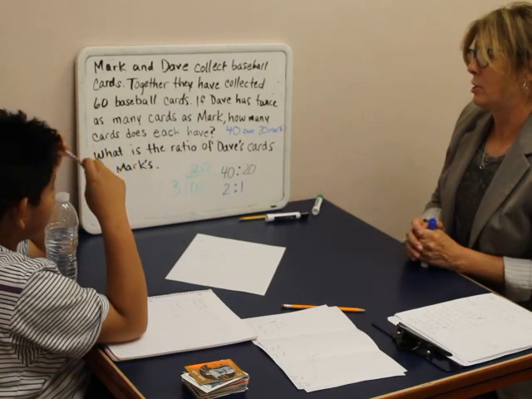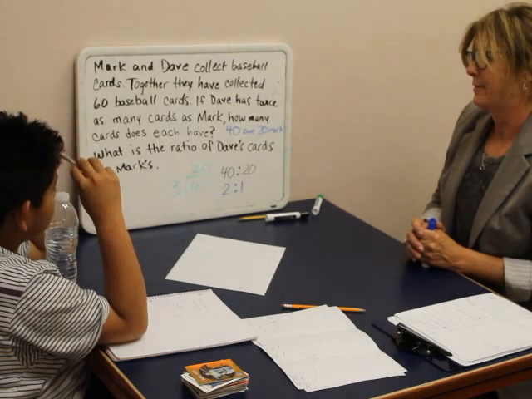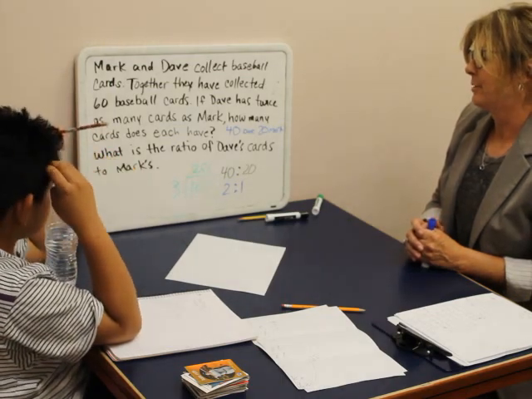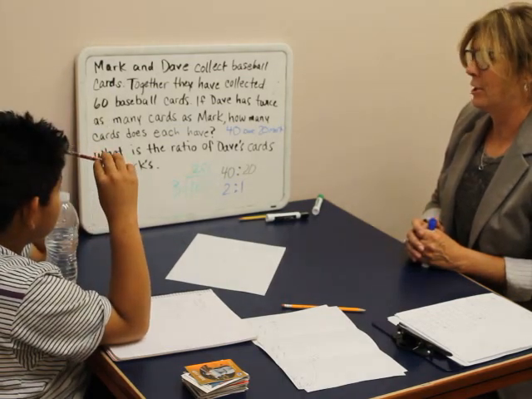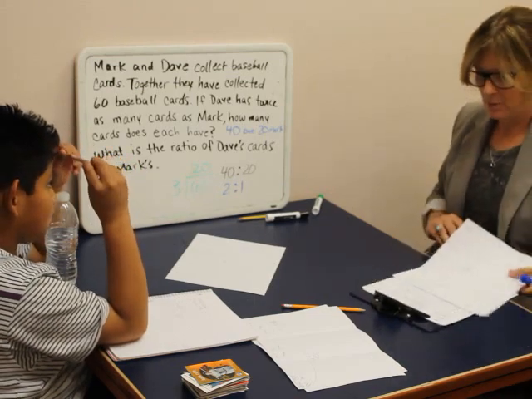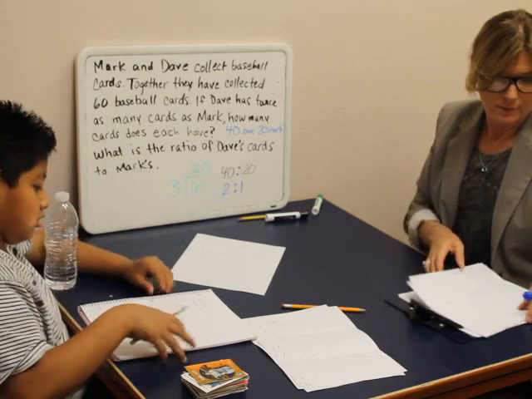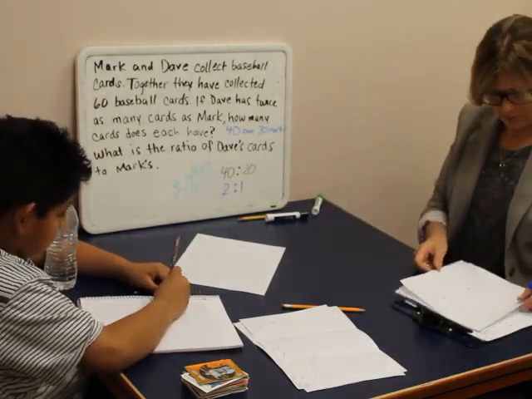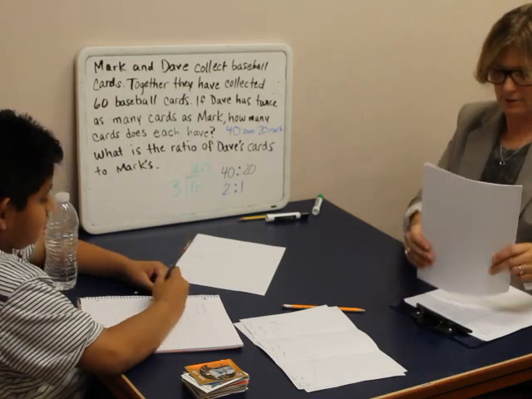So what do you think about ratios? They're kind of hard to solve. You think they're kind of hard? Yes. You think you're starting to understand ratios? Yes. Seems to me like you are. Okay, so let's think of some other questions we can ask ourselves about this lesson.